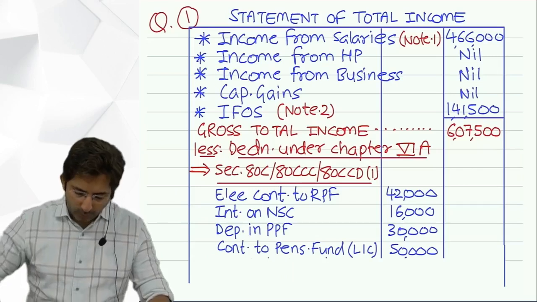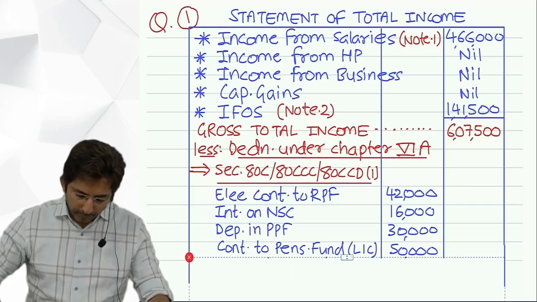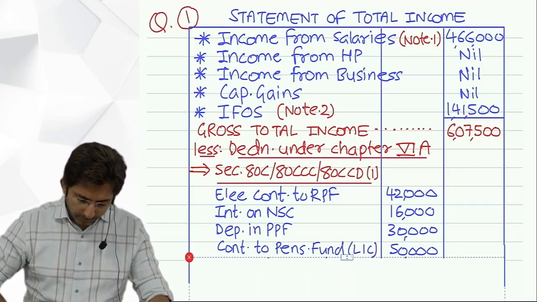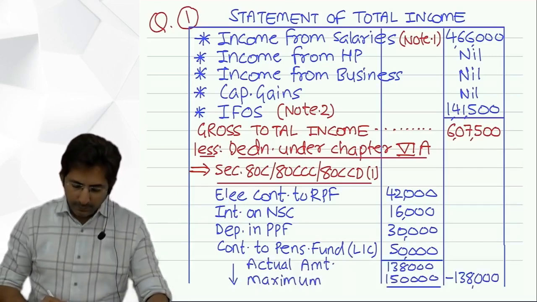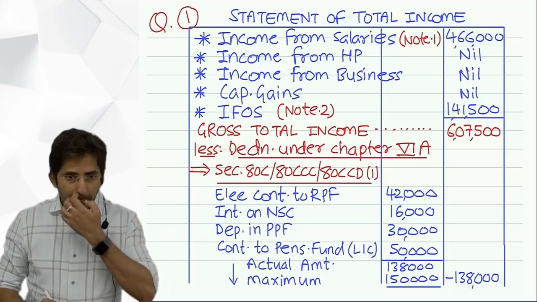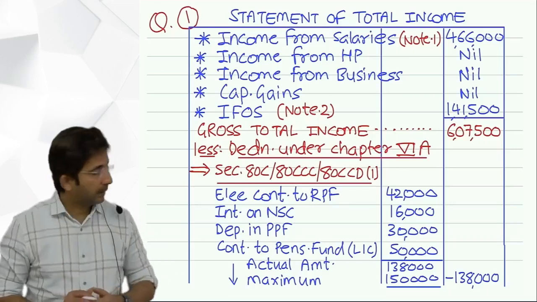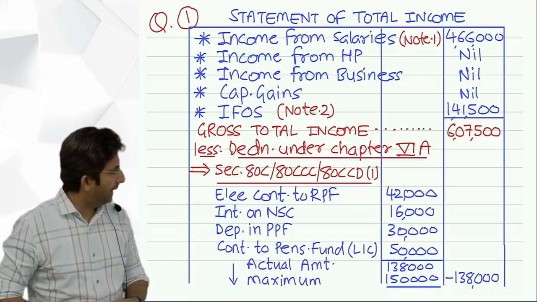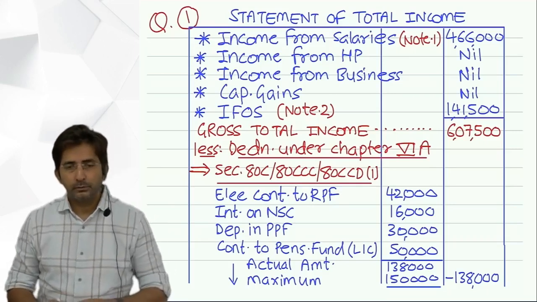So that's it. So now what to do? Total up. What is the total? 1,38,000. Compare with the maximum limit of 1,50,000. So whichever is lower.